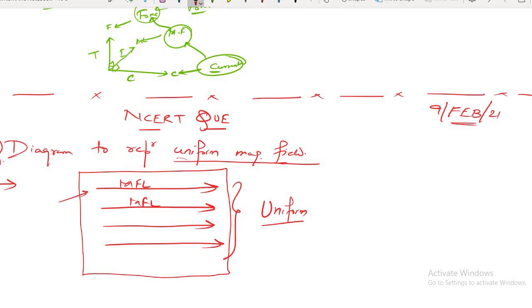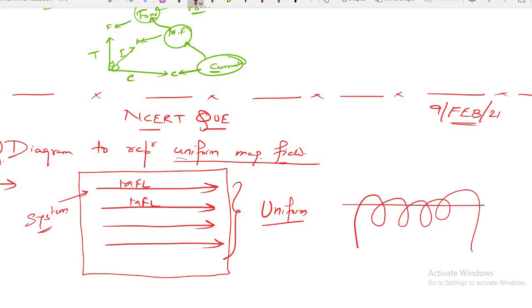Inside a system, if the magnetic field lines are parallel, they show uniform magnetic field. Or else, if you want to specify, you can use a solenoid and represent it this way, with straight lines. Both of them are equally correct. Okay?